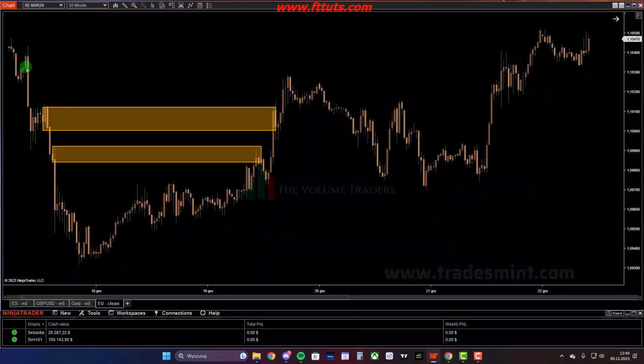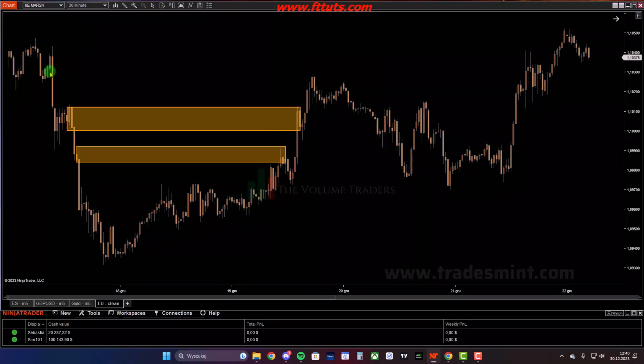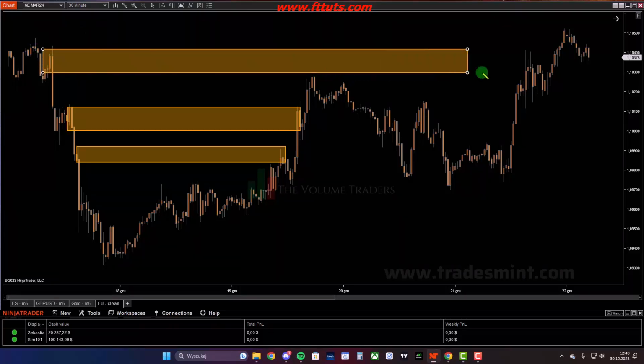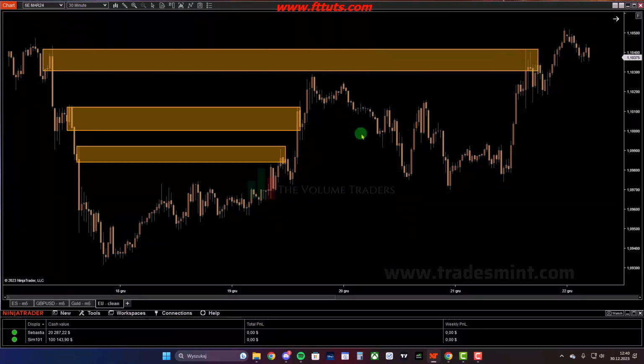Here we could also mark the supply, because there was definitely a lot of aggressivity in the market. So we could say that we have, like here, 3 supply areas.